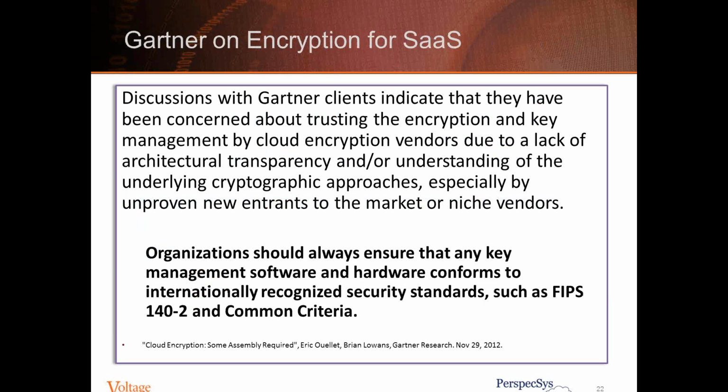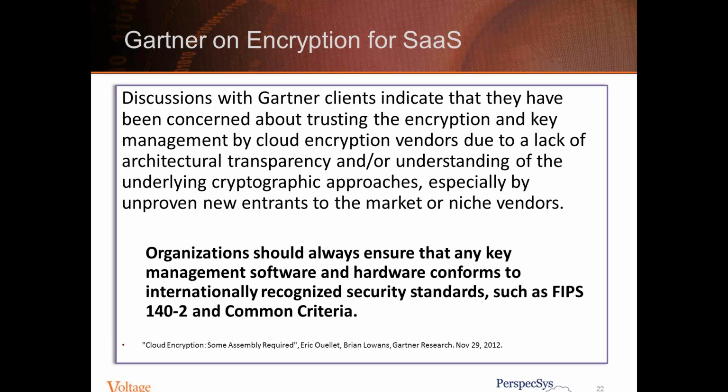So as we think about SaaS and cloud and challenges behind locking technologies versus non-disruption to business flow and schemas and databases, it's important to think about what type of validation and verification these technologies introduce. This is Gartner on encryption for SaaS. Gartner sees a lot of clients concerned about the transparency and underlying cryptographic approaches mentioned here.